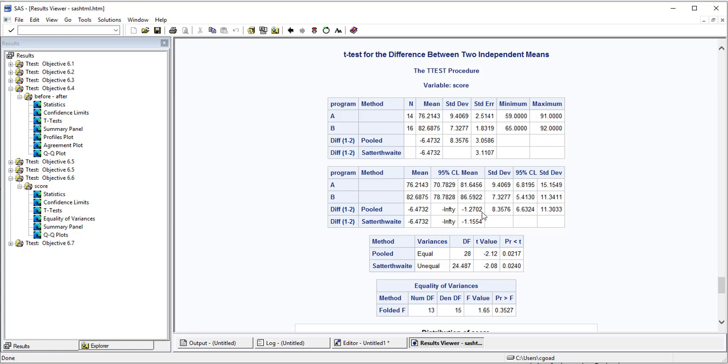And so we're getting a confidence upper bound for the difference. We are saying the equal variance assumption has been met. Notice that our p-value here says less than t, and these values are 1/2 of what we saw before. And so we would find that our means are different. One mean is significantly less than the other, or program A is less than program B.